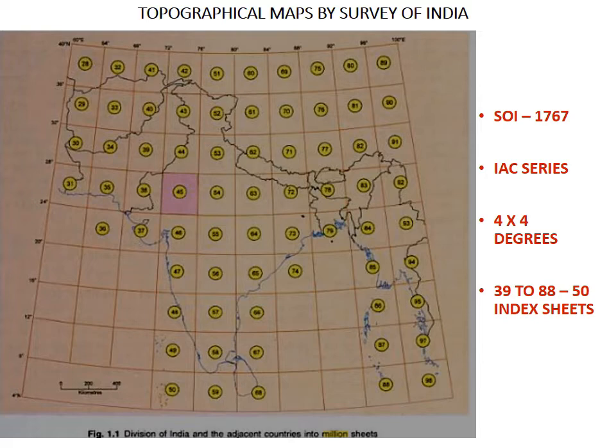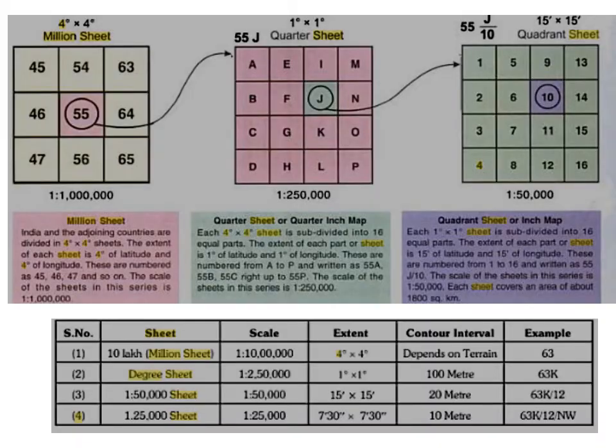And we have index numbers from 39 to 88, so 50 index sheets are available for India. The Survey of India topographical maps have a nomenclature, and the dimensions and scale are represented in this slide. If you look at the first picture, this picture gives us information about the million sheet. So the entire country is divided into 4 degree by 4 degree grids, and it is named with numerical values from 1 to 100.